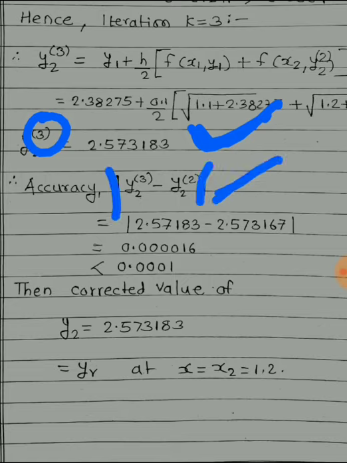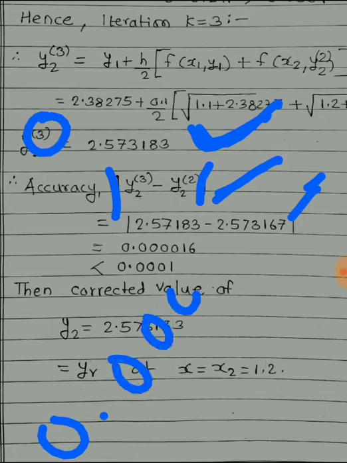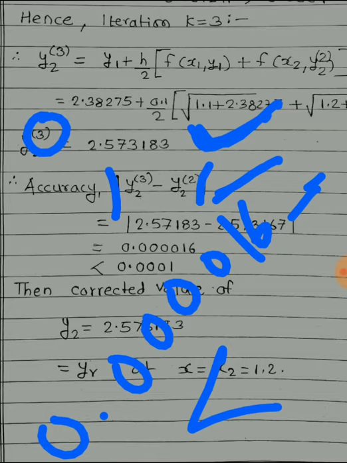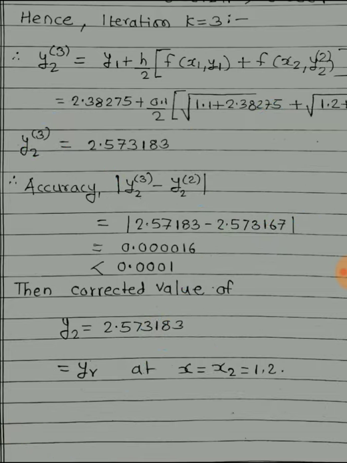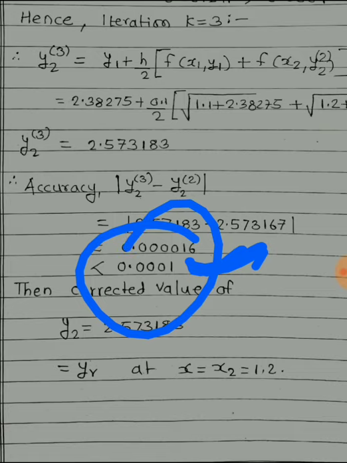If we put those two values here, we'll get the accuracy equal to 0.000016, which is definitely less than 0.0001. That is the value mentioned in the problem statement, that you need to maintain the accuracy of 0.0001.